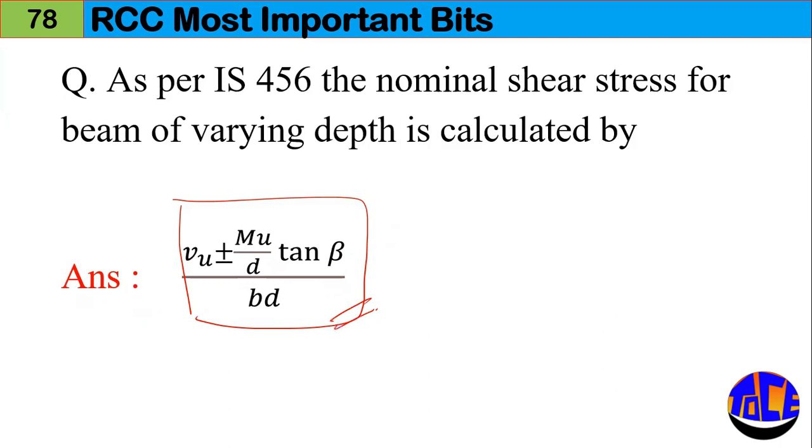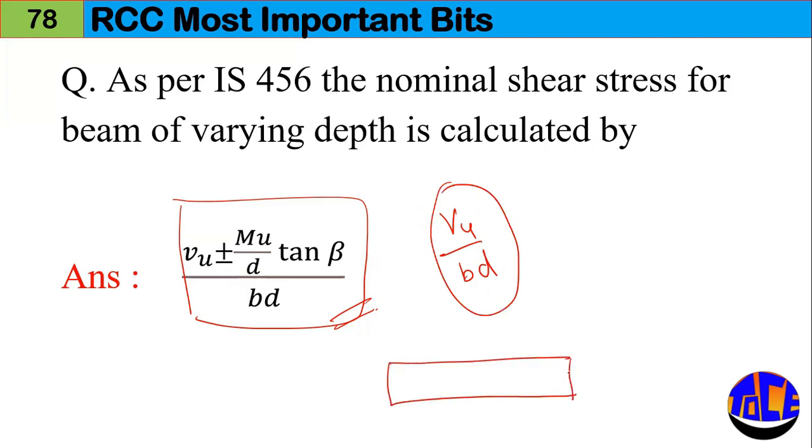In another way you can remember: you know that Vu by bd is the nominal shear stress for uniform depth beams, right? So for this you need to add the moment term, plus or minus Mu by d tan beta.